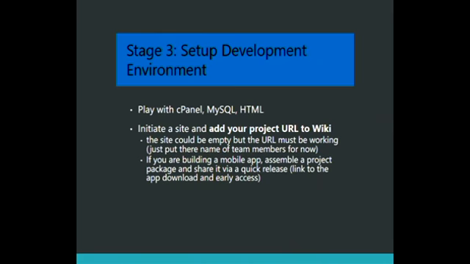Stage 3 is just start building the environment. If you're going to use cPanel, you probably have a little work in this stage. But if you're going to use some external servers, you probably need to set up a service yourself. That takes a lot of time.